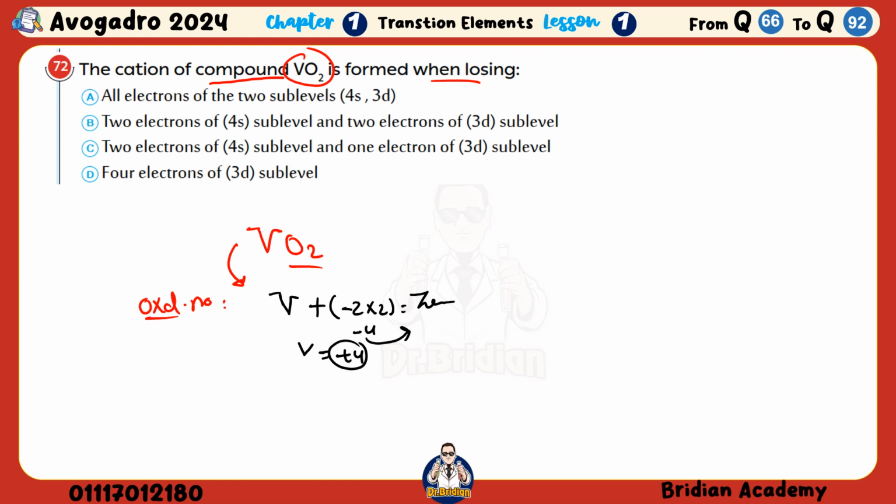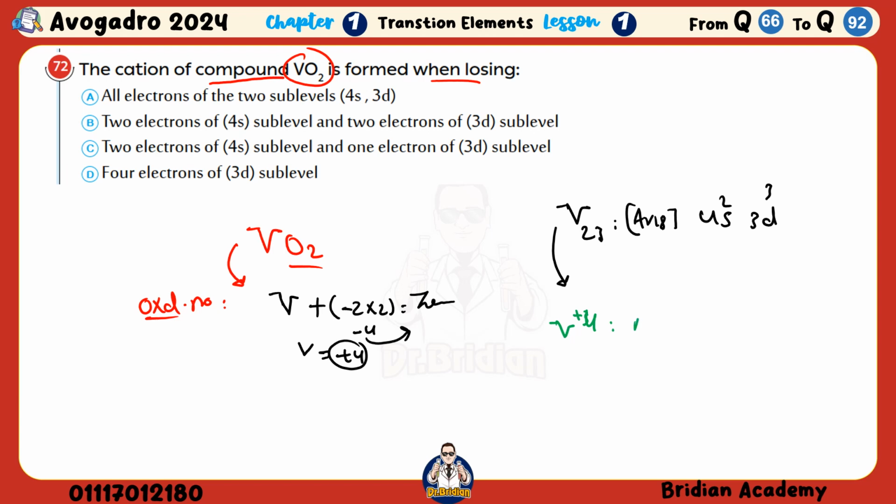Firstly, you will write the electron configuration for vanadium in the atomic state, 23, argon 18, 4s2, 3d3. Then you will write it in oxidation state positive 4.